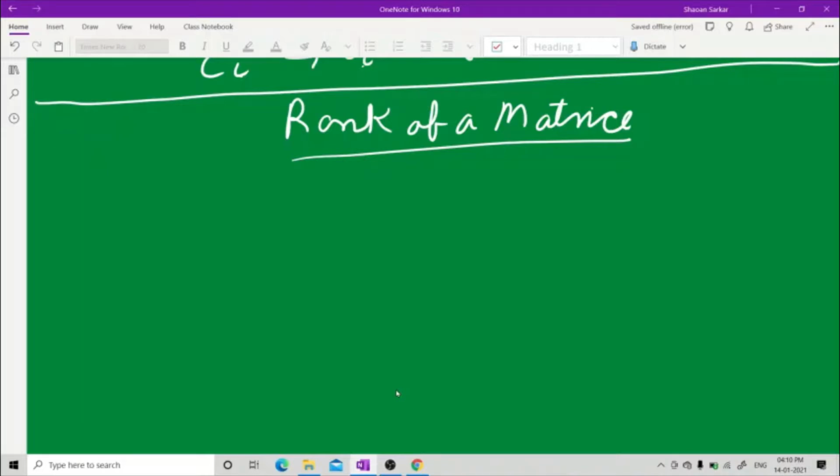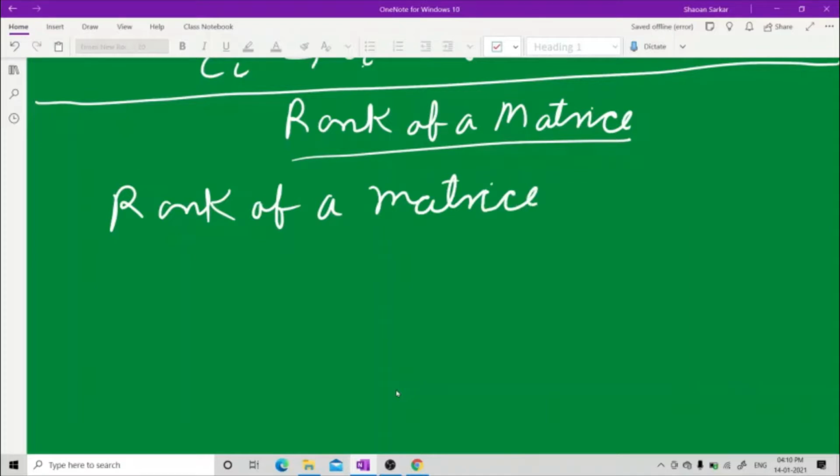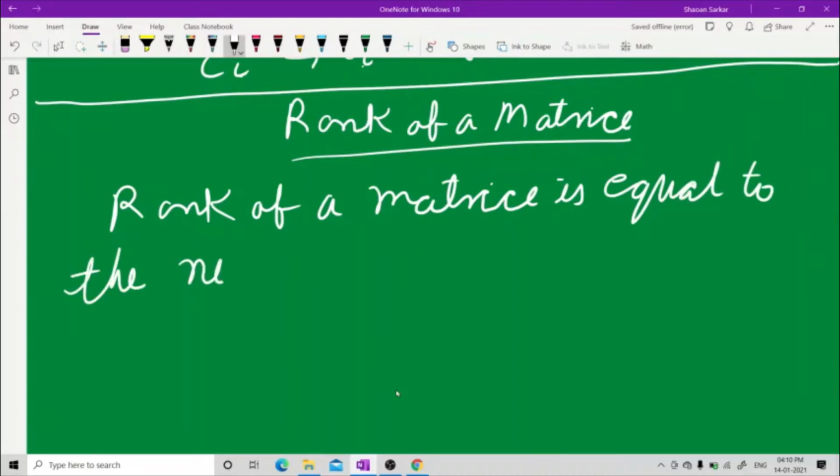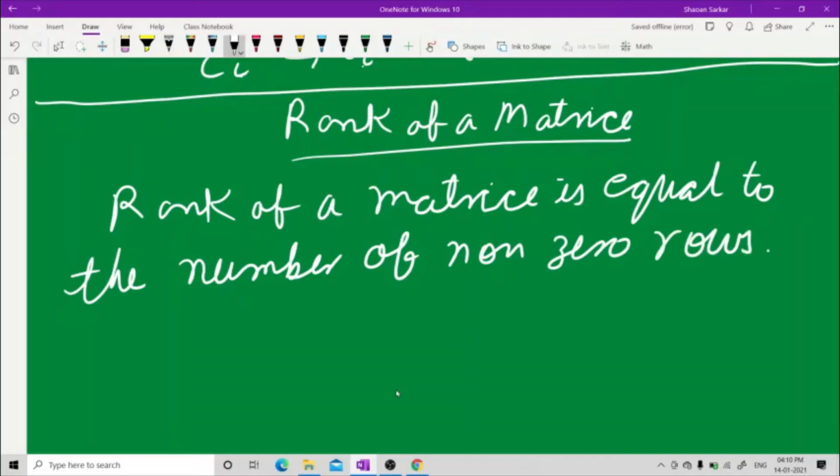Now, the rank of a matrix is equal to the number of non-zero rows. This is the point.